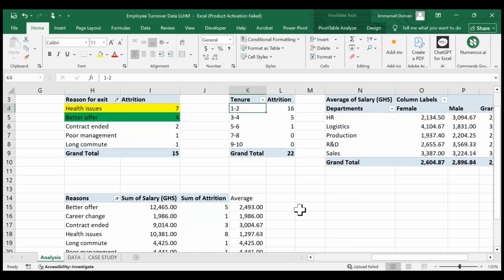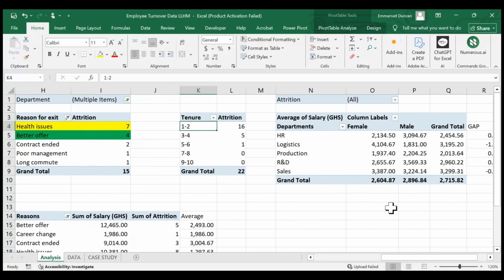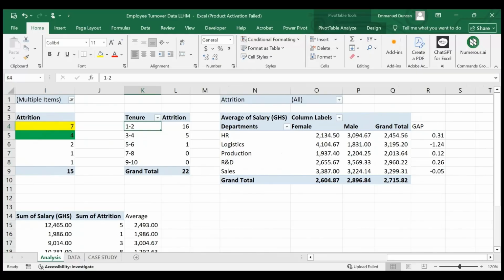With the salary, we're also able to calculate the pay gap to check whether there's any salary differences being paid among gender in the various departments. So you realize that some of the pay favors most of the females, and there are few that also favor the male.